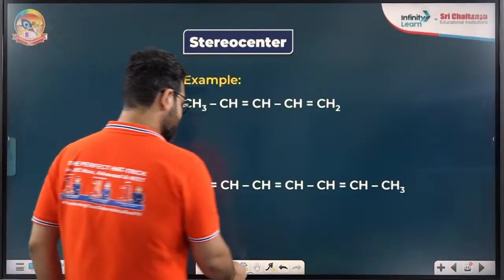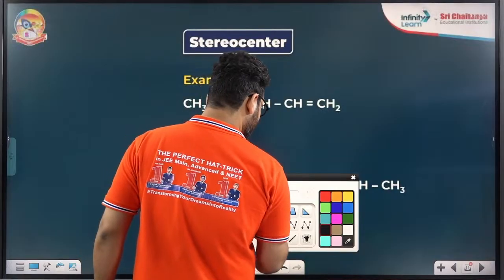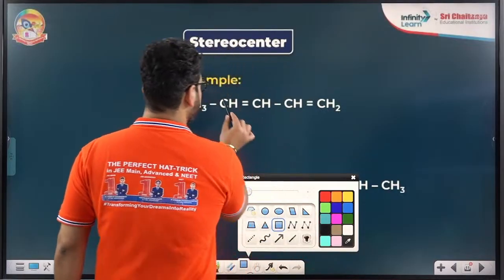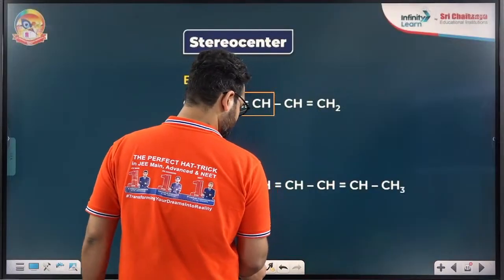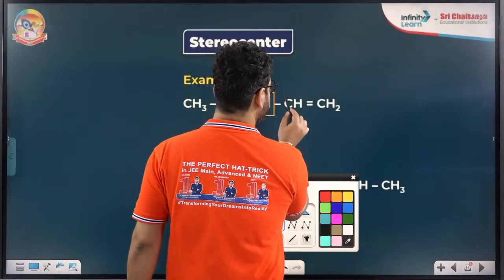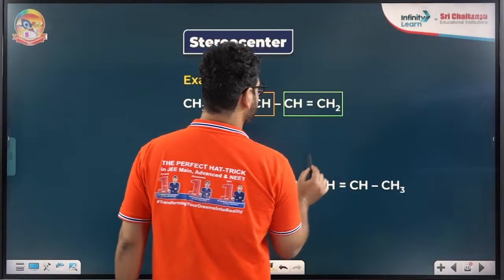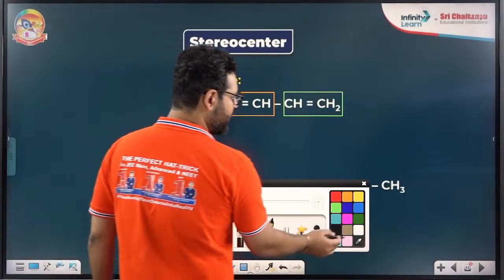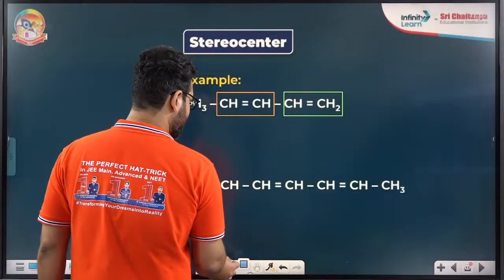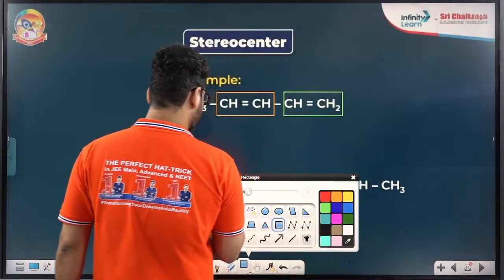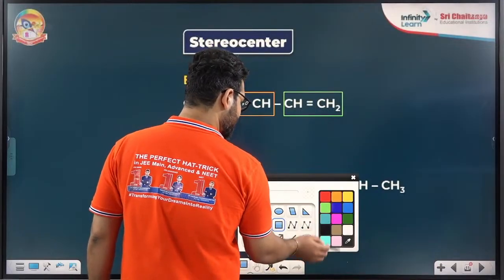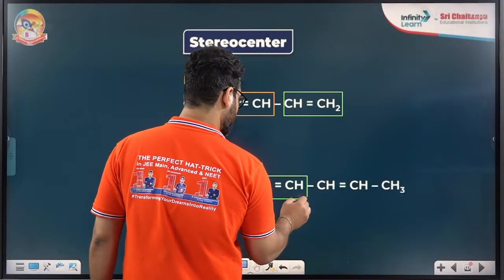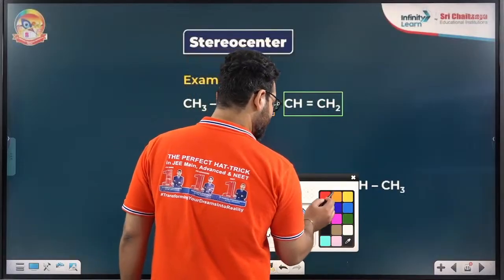Now my question is, you tell me whether the orange one is a stereo center or the green one is a stereo center, or both of them are stereo centers. In the second one, is the orange a stereo center, or is the green a stereo center, or is the red a stereo center?